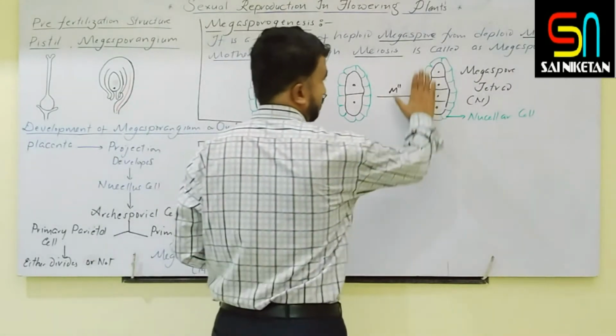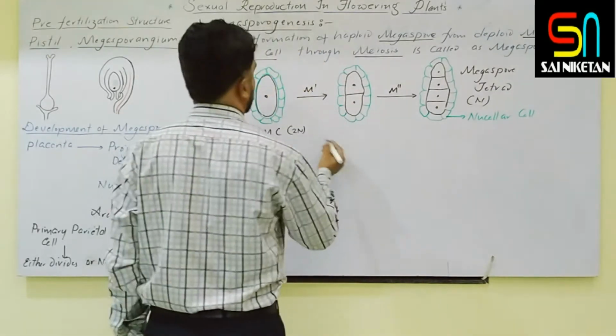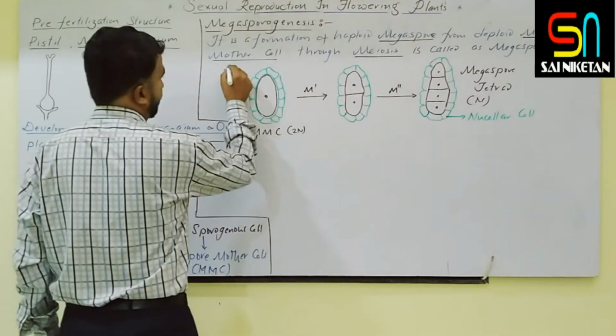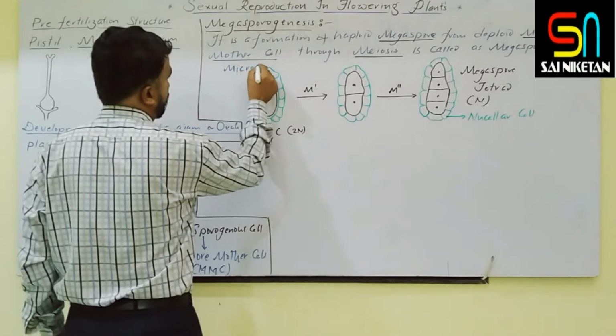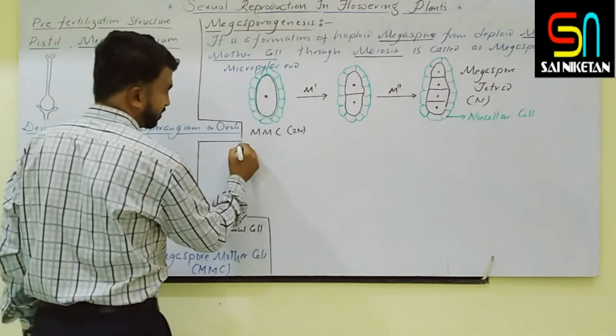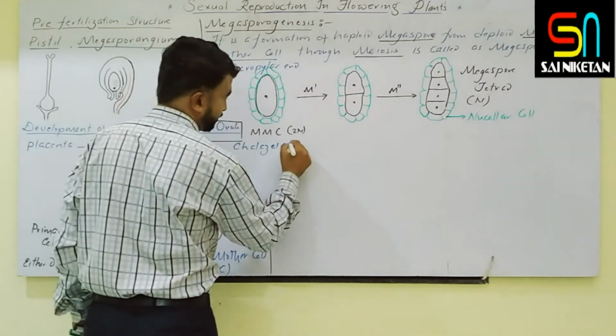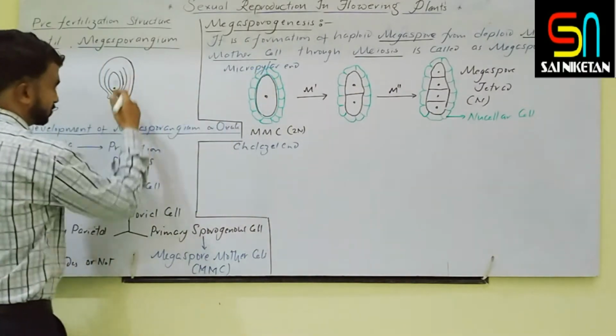Now what happens? So 4 megaspores are present. Now correlate this one. This end is called the micropylar end, and this end is called the chalazal end, means this side toward the lower side.